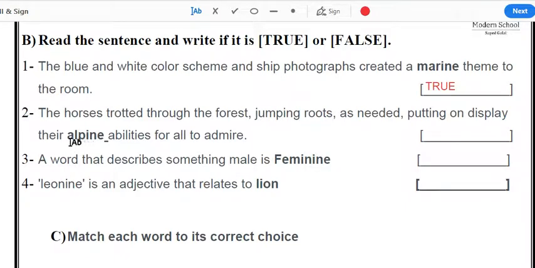Alpine has a root word and a suffix. The root word is Alp, meaning the mountain of the Alps, and ine means like. So like the Alps mountains. This is so far away from the sense of the sentence. It should be, of course, related to the horses, which is equine. Equine abilities, related to horses, so this would be false.